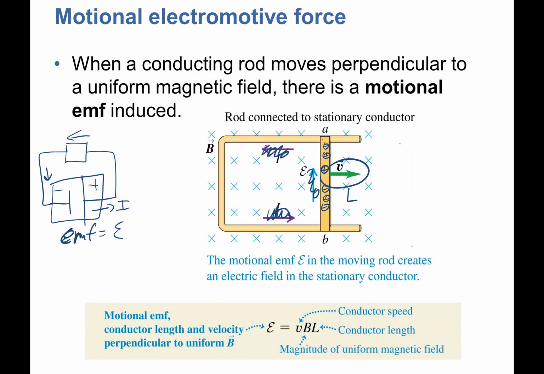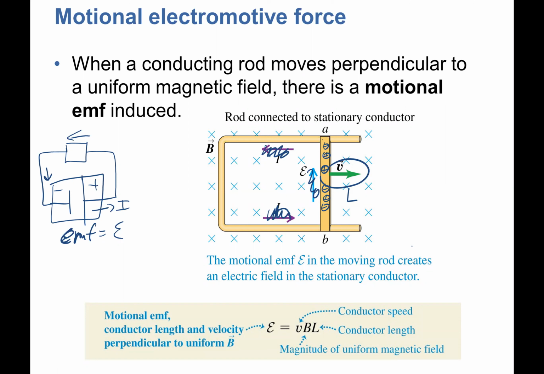As it starts moving, there's a magnetic field into the page. If this conductor with those charges is moving perpendicular to that magnetic field, there is going to be a magnetic force acting on those charges. Let's use our right-hand rule to figure out the direction of the force.